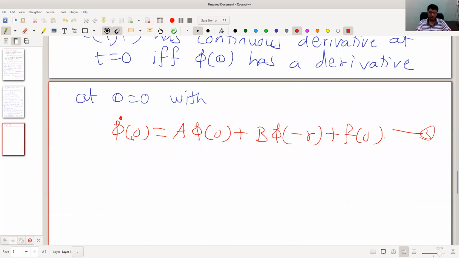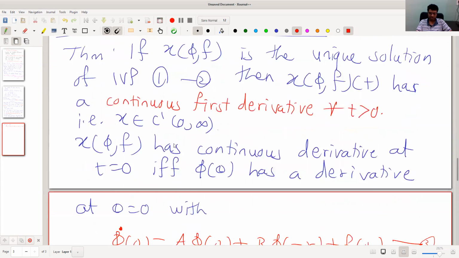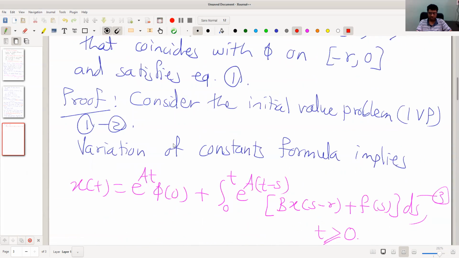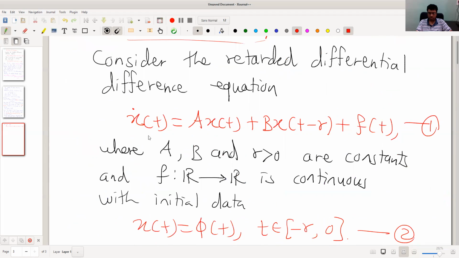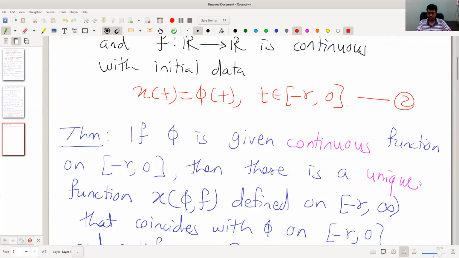Okay, what is meant by phi dot of 0 equal to a into phi of 0 plus b into phi of minus r plus f of 0? This means phi satisfies equation 1. Okay, we can see, this is equation 1. So if phi satisfies this equation at t equal to 0, then phi dot of 0 is a into phi of 0 plus b into phi of minus r plus f of 0.